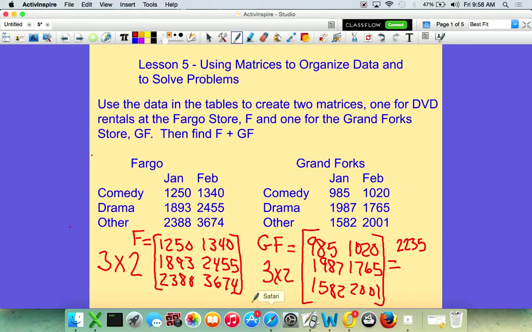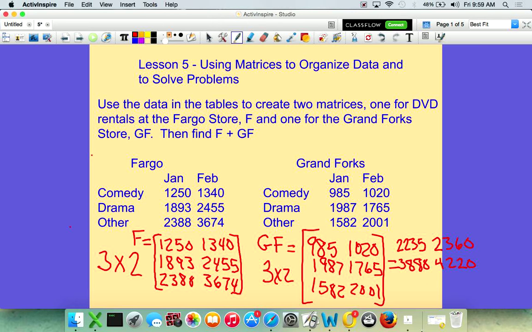And then we go across, we take the 1340 plus the 1020, we get 2360. We come down to the second row, 1893 plus 1987, and that is, hopefully my math is right, 3880. Our next one, 2455 plus 1765 would be 4220, I believe.